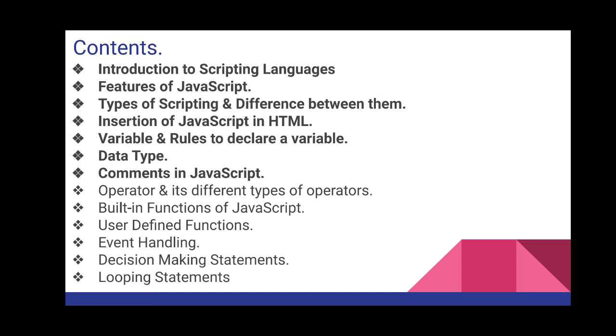Then we will also see the different data types supported by JavaScript, and discuss some examples based on each data type. And at last we will see what a comment is and how to add single-line and multi-line comments in our JavaScript program. So let us start with today's lecture.